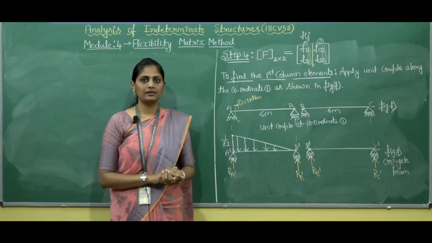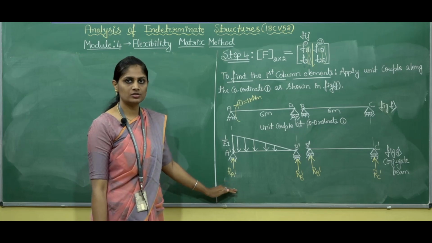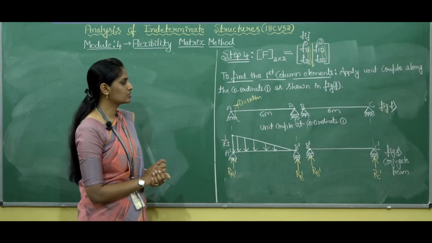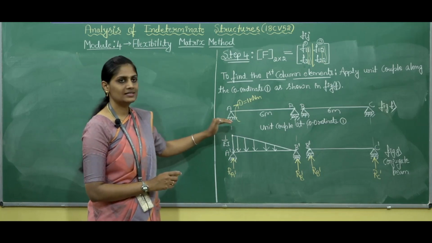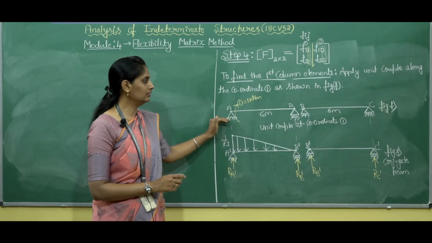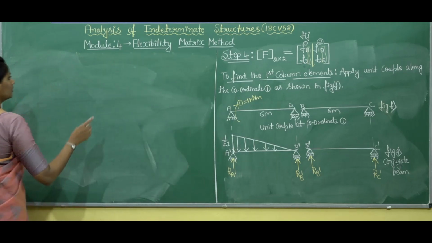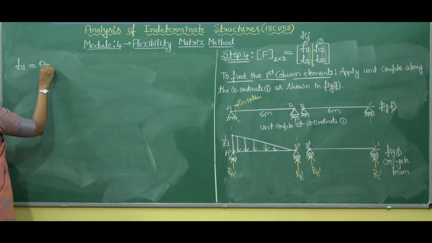Just like displacement matrix, we need to find the shear forces in the conjugate beam. So if you find the shear forces in the conjugate beam, we can get to know the displacement developed in the real beam. That means here the coefficients F11 equals to theta A.